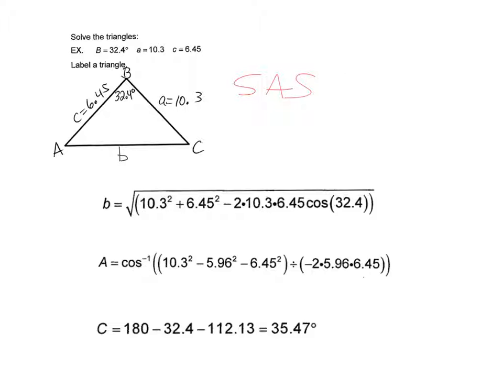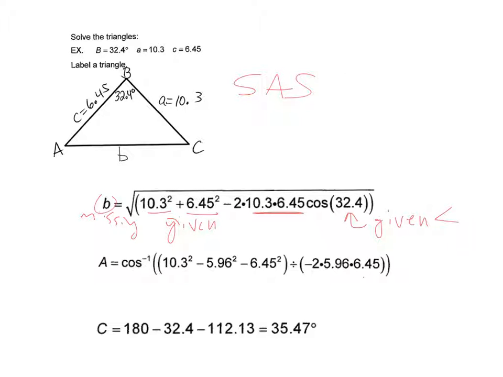So using the side angle side formula, our missing side is side B. So that goes first. And then 10.3 and 6.45 are our given sides. And then you see those again after the negative 2. 32.4 is our given angle.